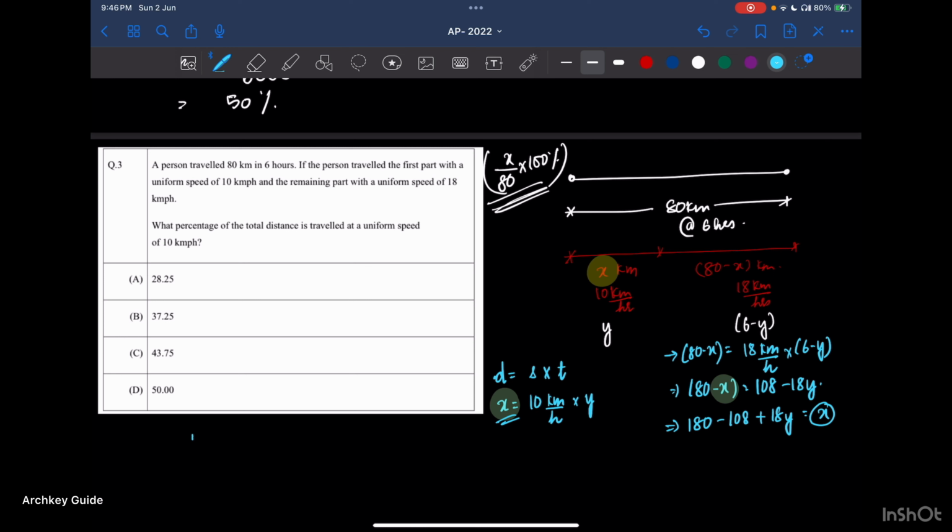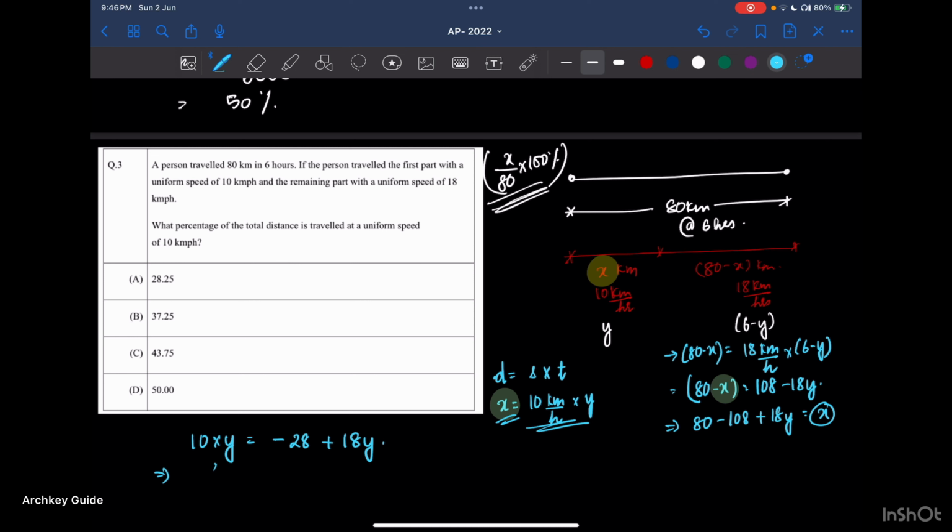So now I can say that 10 into y equals 80 minus 108, which would be minus 28 plus 18y. So from here I can find out the value of y.